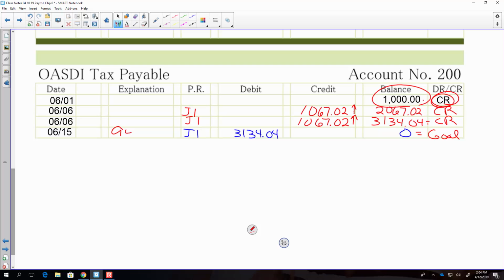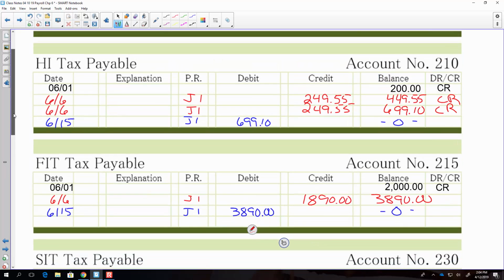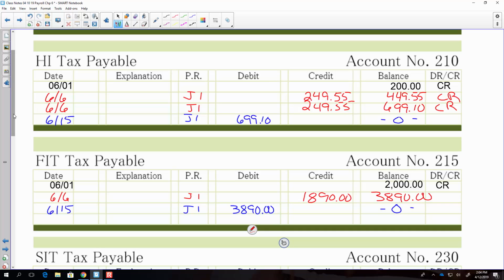So here's my 941 deposit posting showing that that tax has been fully paid at 0 balance. And if I do that for each of my accounts, I'll just keep going here. Medicare, again, what's the goal? My 941 deposit makes this balance 0.